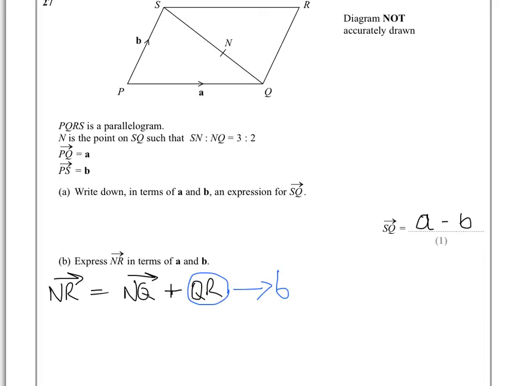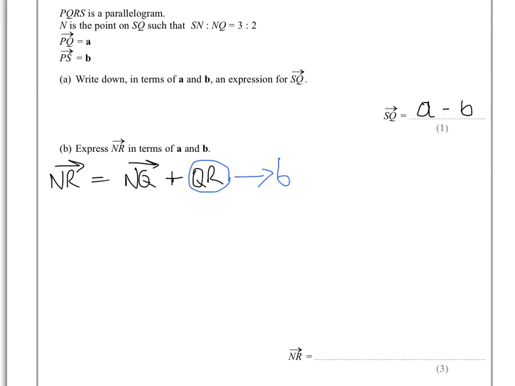So if we just write that down there, this bit NQ will be equal to 2 over 5 of SQ.